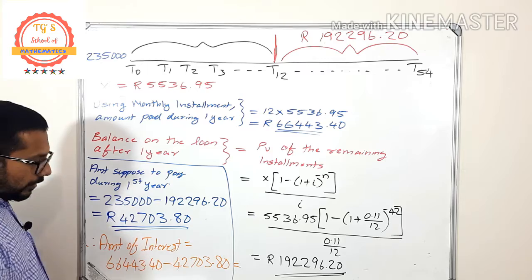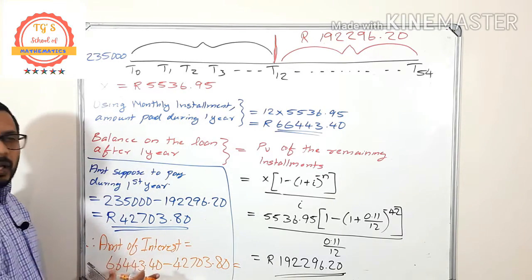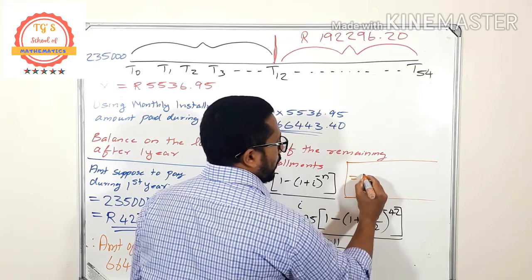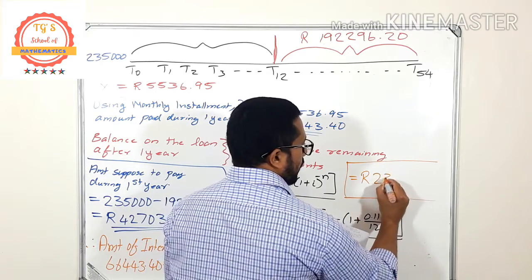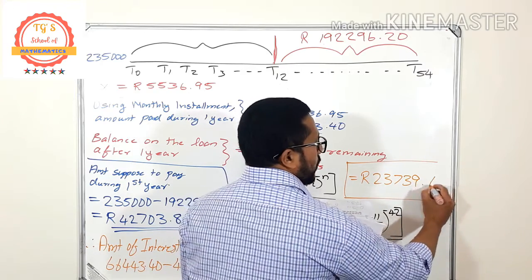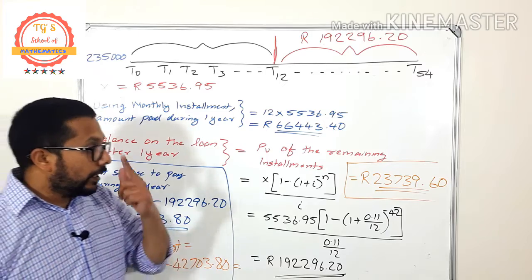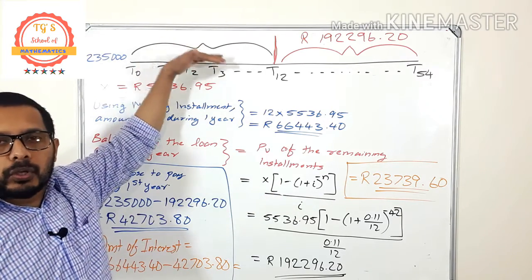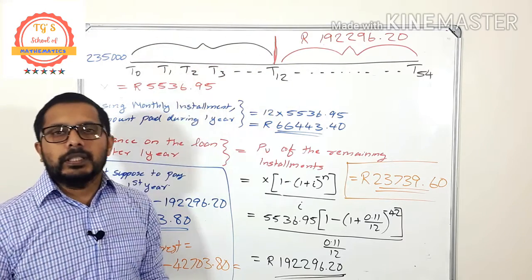Try to find the answer. The answer in the calculator is equal to 23,739 rand 60 cents. So 23,739 rand 60 cents is the actual amount of interest that he paid during the first year.